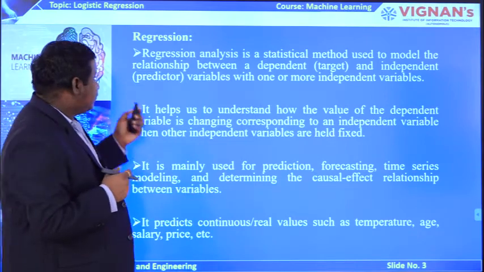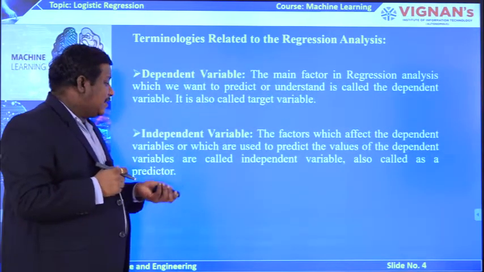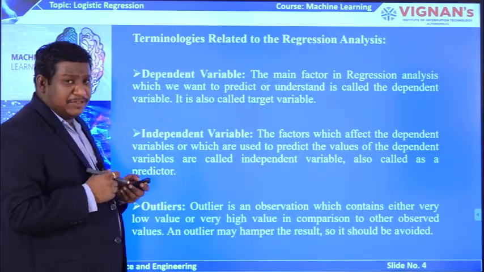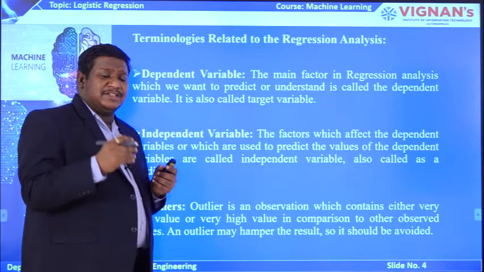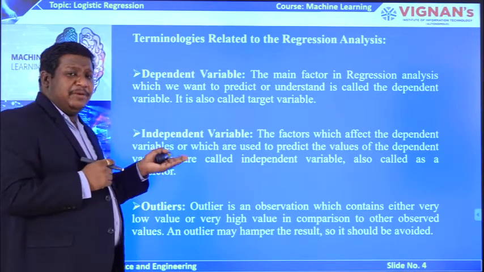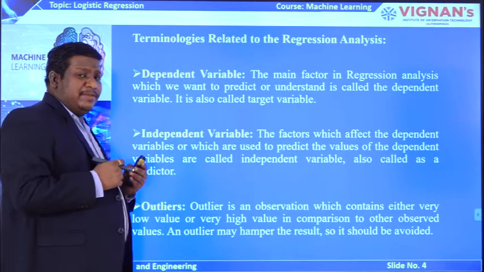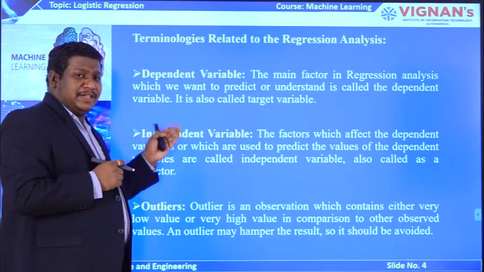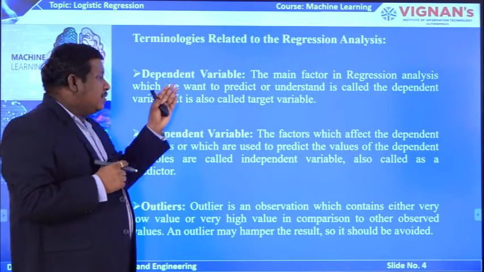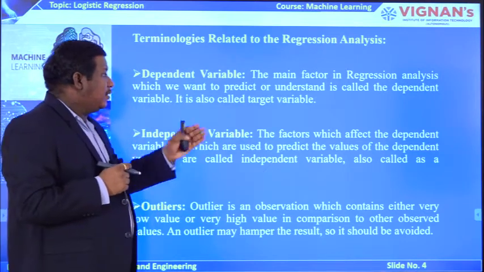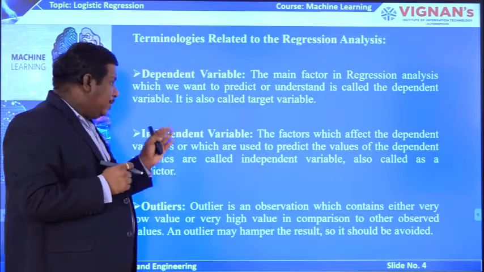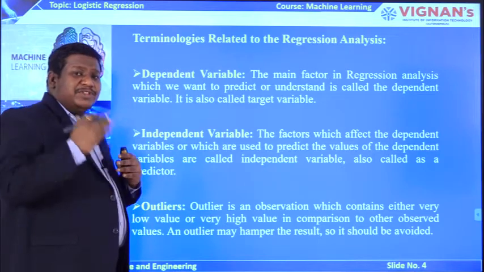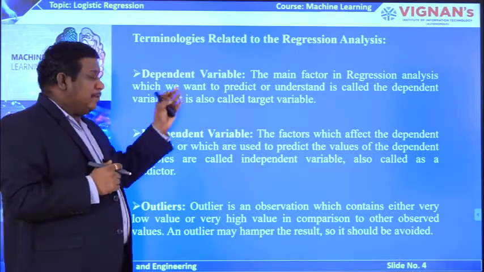So that is regression, and these are the various terminologies used in regression that we had already discussed: dependent variable, independent variable, and outlier. What is a dependent variable? This is the main factor in the regression analysis, and it is called the target variable or the dependent variable. The independent variable is the other variable which influences the dependent variable.